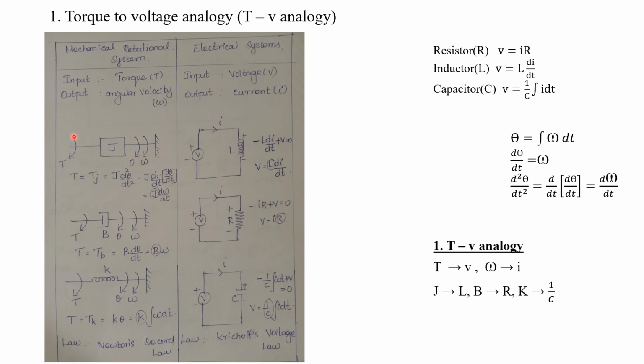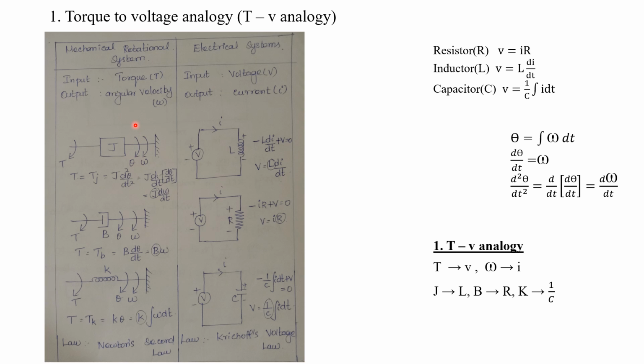At the free end, we are applying a twisting force, that is nothing but torque. Due to this twisting force, there will be an angular displacement, that is theta, along the same direction of this torque.